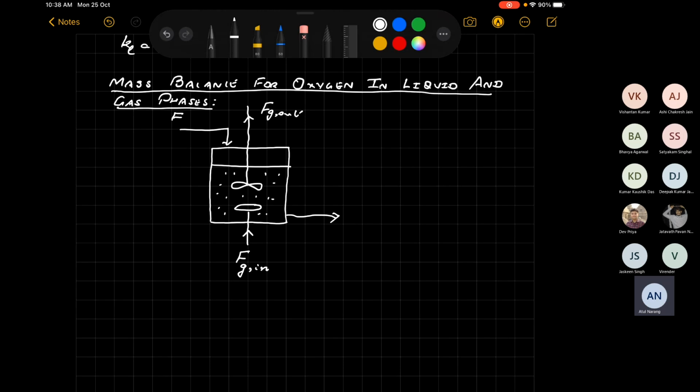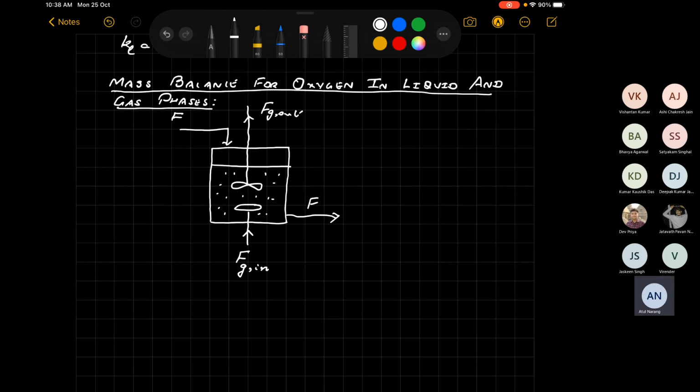And its density going out is basically maybe 1.08, because the cells also have a density which is very close to that of pure water. So because the density going in and out are equal, then that means the flow rates going in and out are also equal. So here we assume flow rate in is equal to flow rate out. But for the gas, we do not assume that the flow rate in is equal to the flow rate out. Okay?